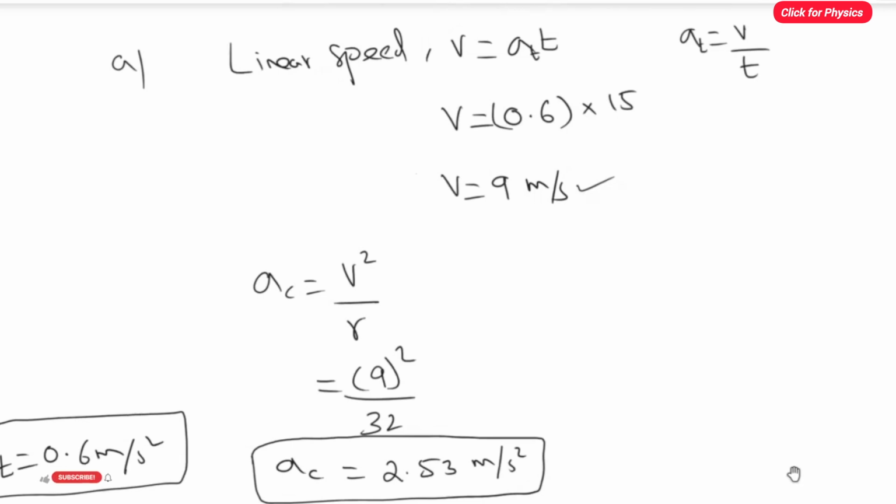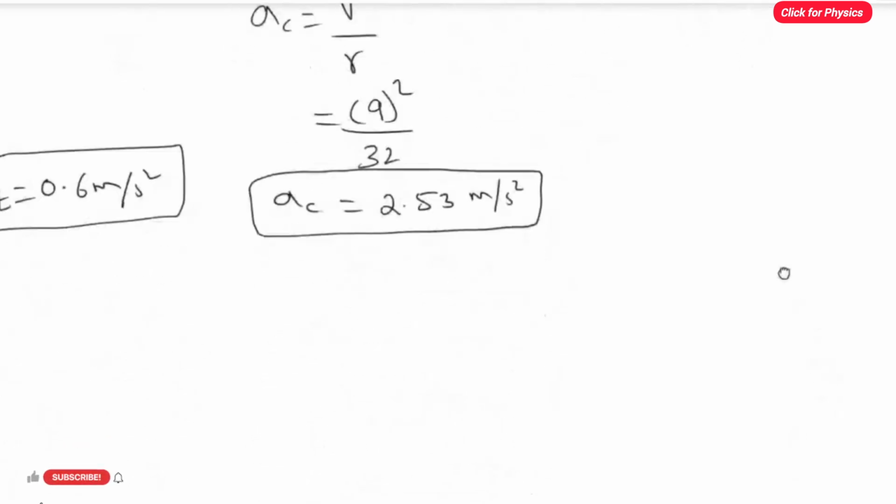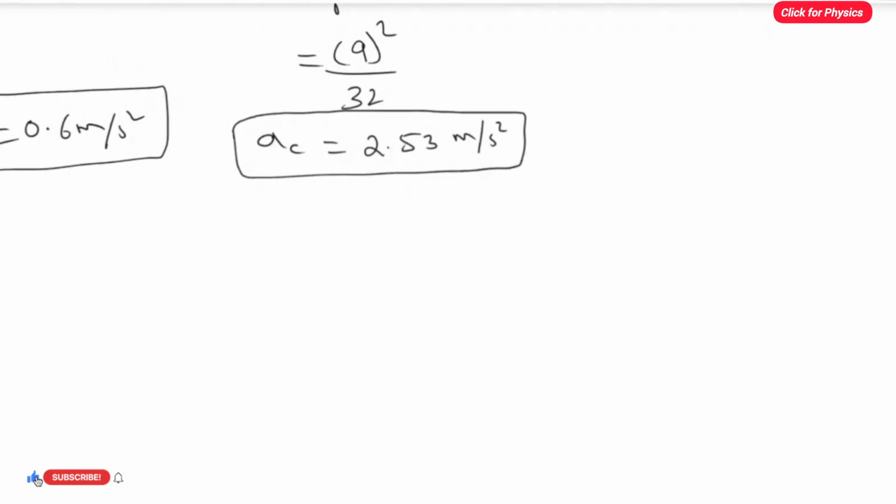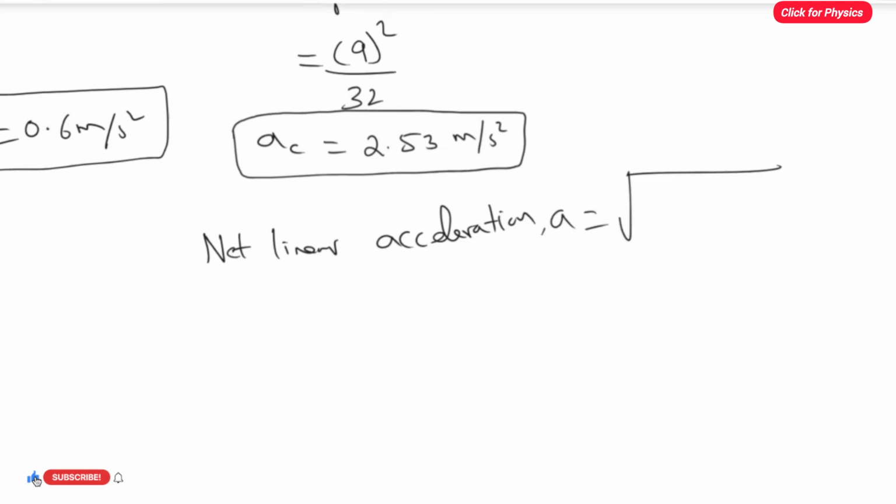Now it's very easy to find the net linear acceleration. The formula for net linear acceleration is equal to the square root of the tangential acceleration square plus centripetal acceleration square.